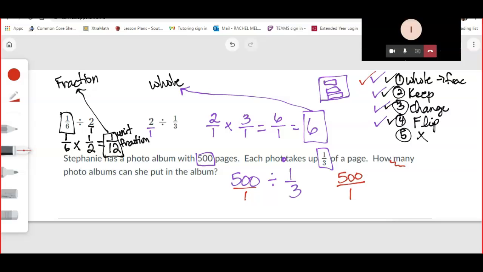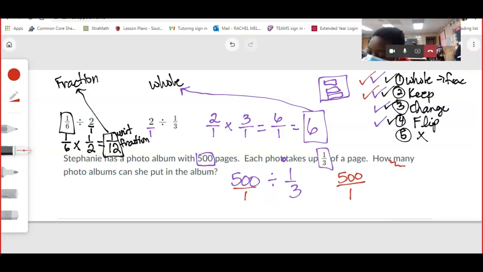Okay, you keep it. And then what? Then you change the operation. Then you change to multiplication. Good. Okay, then what? You flip it. Flip what? The second number. So 1/3 becomes 3/1. Okay.